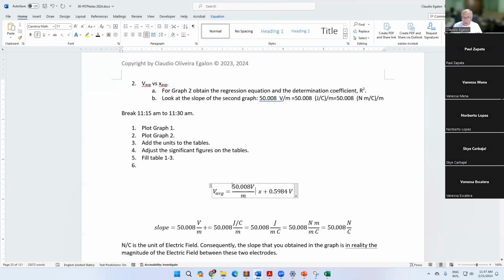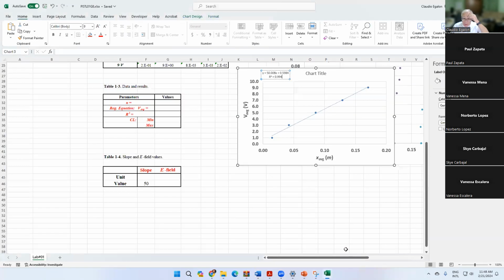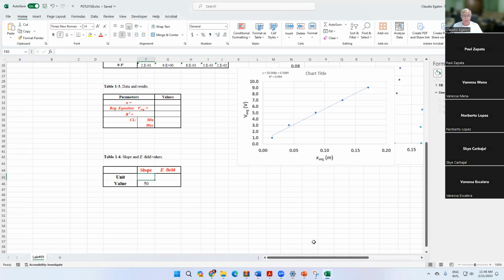Just do what we call dimensional analysis, okay? Volts per meter. So when I substitute here 1 centimeter, 0.01 meter, those two things cancel out, and the average voltage is going to be 50.008 plus whatever you have here. And this guy here is your electric field. And now you can put the unit, not just the unit of the slope, but the unit of your electric field as well.